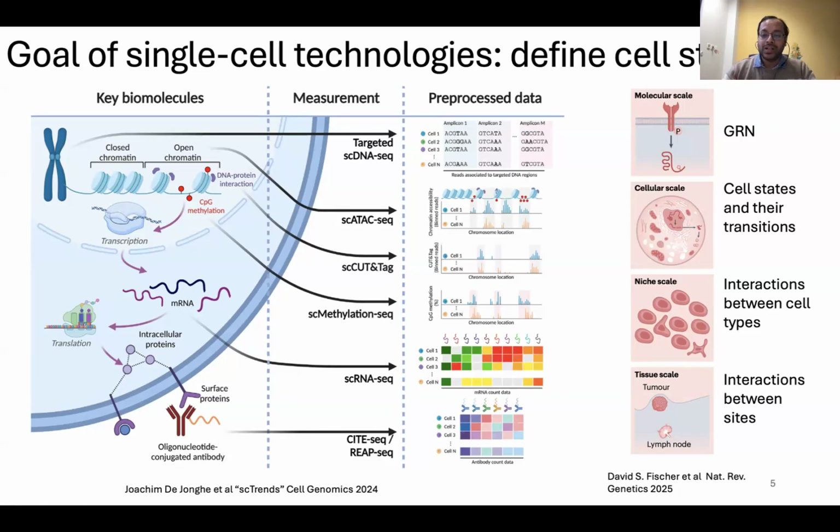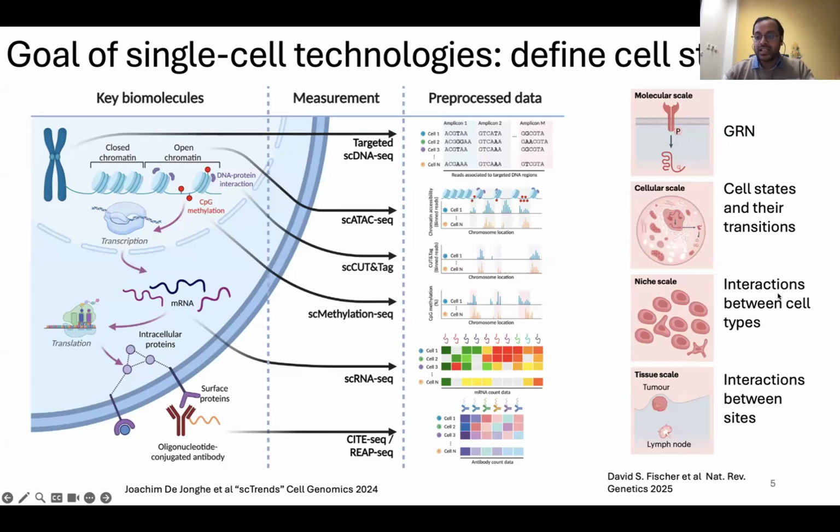Of course, one cell alone cannot give you any statistics, so you have to measure these components from many cells. Many cells give you statistics at the cellular scale, where we can understand how cell states and their transitions happen in the tissue space. At the molecular scale, we can understand how genes crosstalk in a given cell or between cells, which can be considered a gene regulatory network.